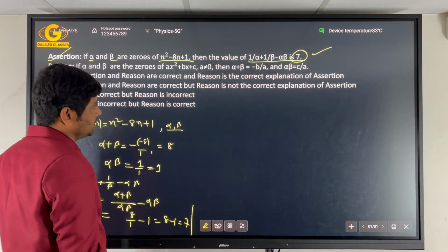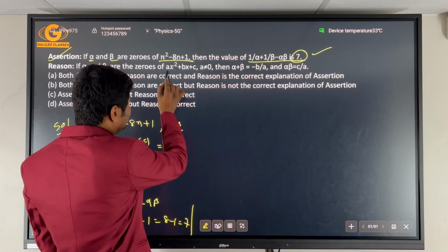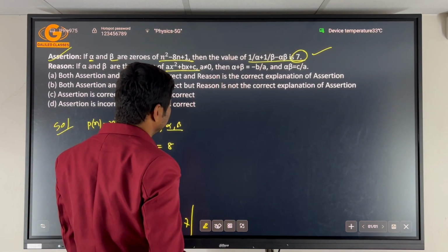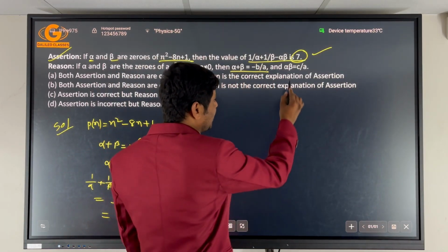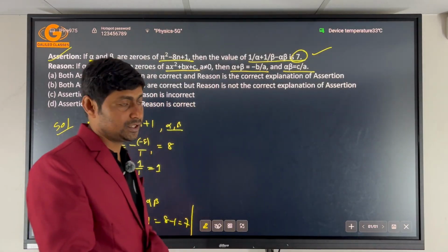And the reason is: ax square plus bx plus c, then alpha plus beta is equal to minus b by a, and alpha into beta is equal to c by a.